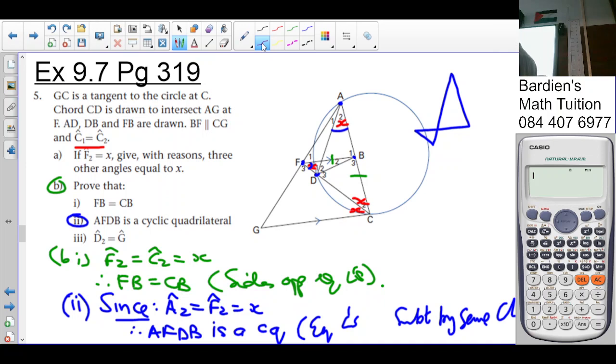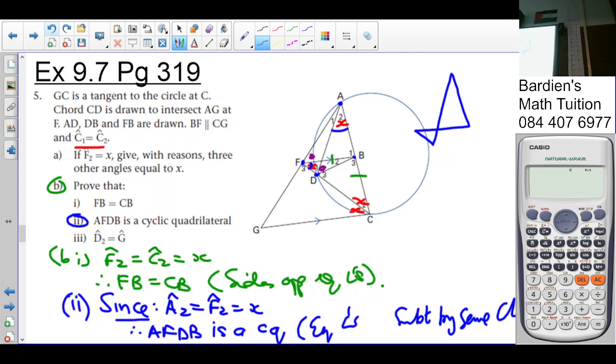So let's look at D2. Here's D2. Not the X, we are already using X. Let's use a circle. Right. So D2 is equal to which angle? F1. Why?